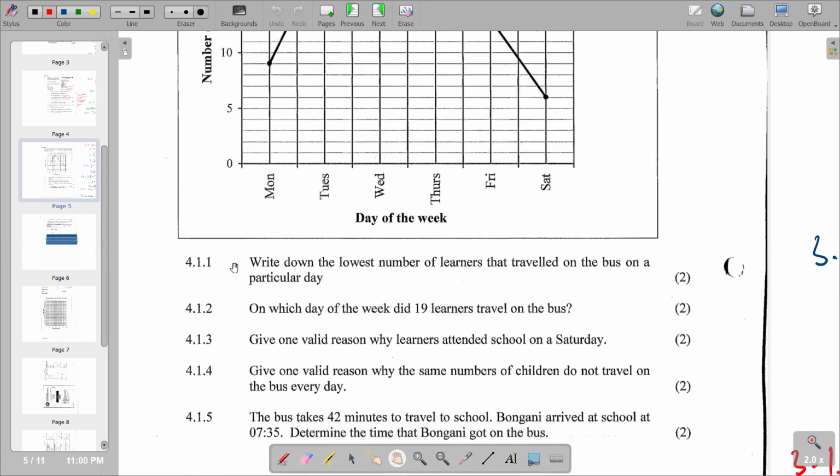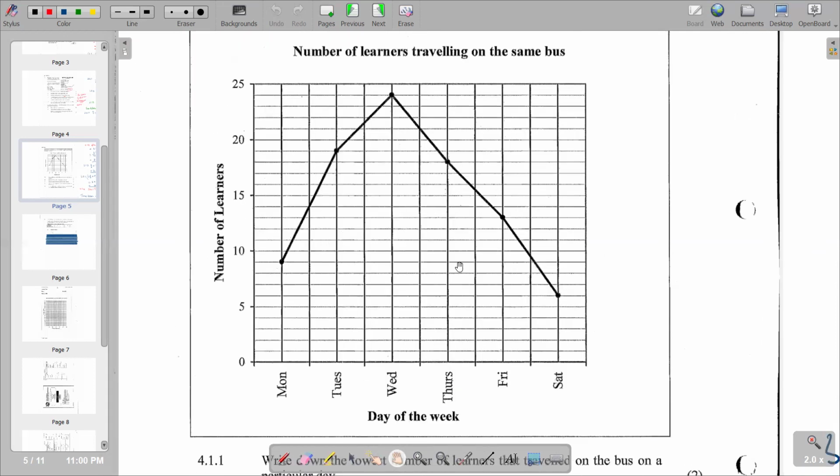Then beneath the graph, first question, 4.1.1, write down the lowest number of learners that traveled on the bus on a particular day. The lowest number of learners we see is represented here, so obviously it's going to be on Saturday. What is important for you is to identify what we have between 5 and 10. We see that this is the point that we are looking for, which is the lowest.